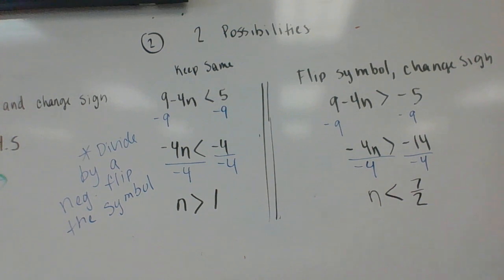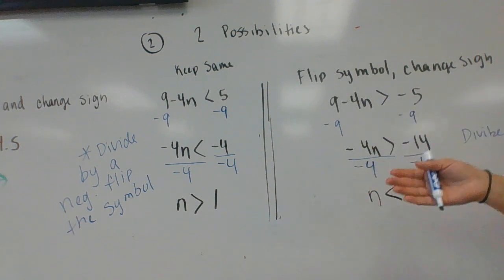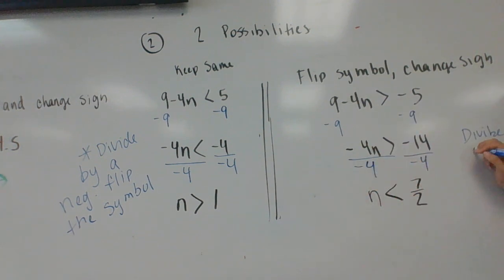You got the 3.5, good job. Right here, I'm dividing by a negative number. Changes like the nature of the number, and then it changes like which way the arrow goes. So I flip the symbol, lots of flipping.